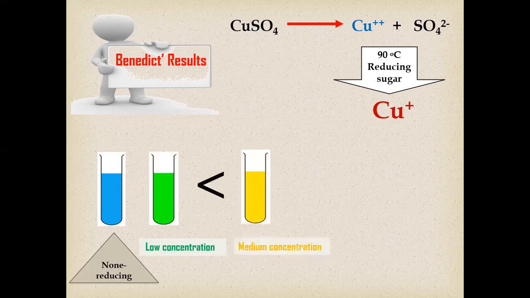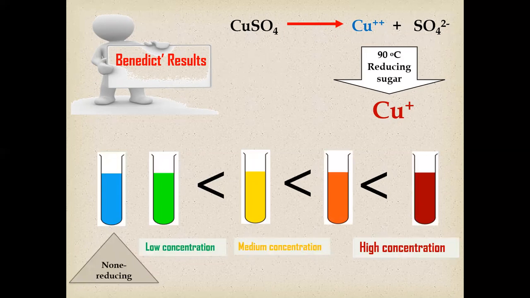If the result is heading toward yellow, it means a medium concentration of sugar is present. But if after heating at 90 to 100 degrees Celsius the result goes toward the orange to red spectrum, it means a high concentration of sugar is present.